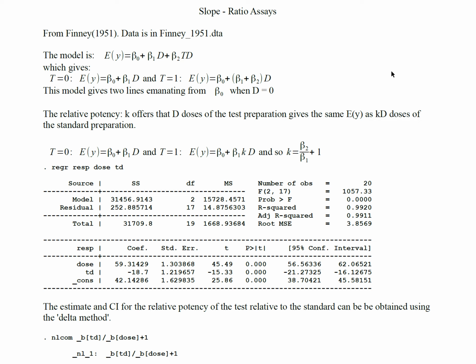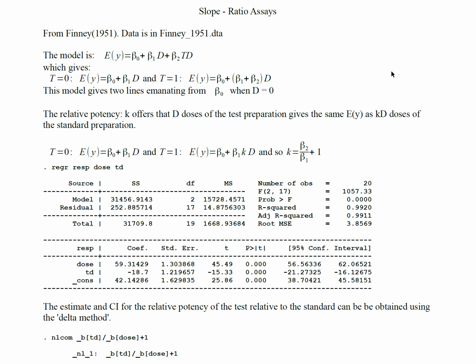Oftentimes they're widely seen in studies of biological assay, but their usage is very widely seen and widely used. I have, as an example for you, a data set that was from a paper of David Finney's from 1951. It's an old data set.